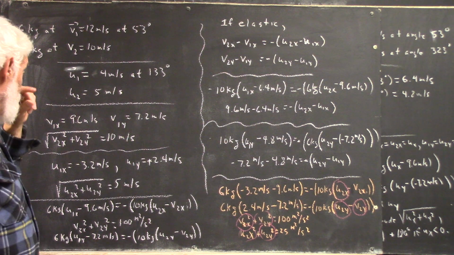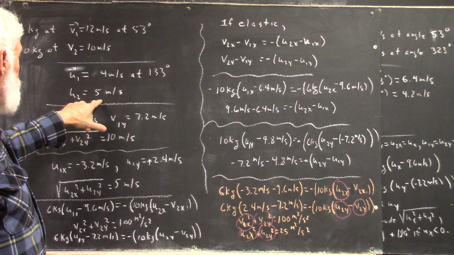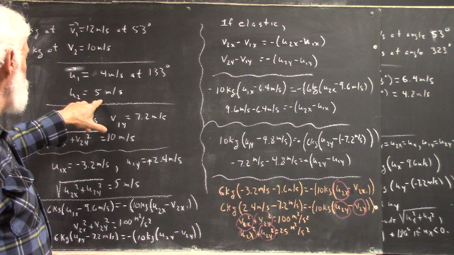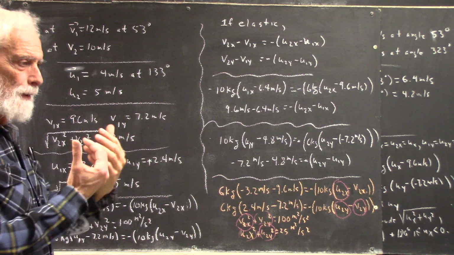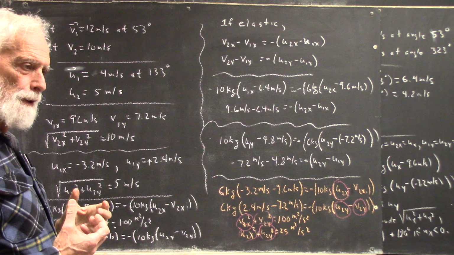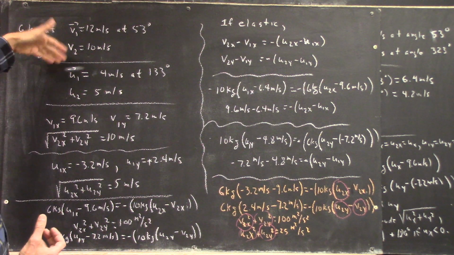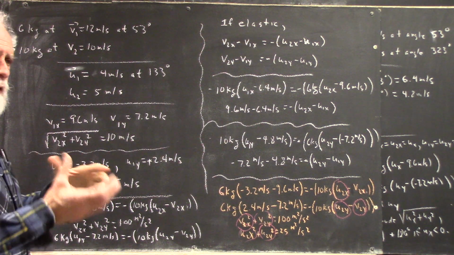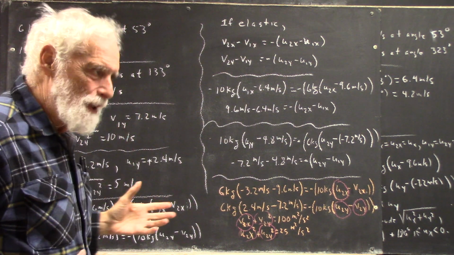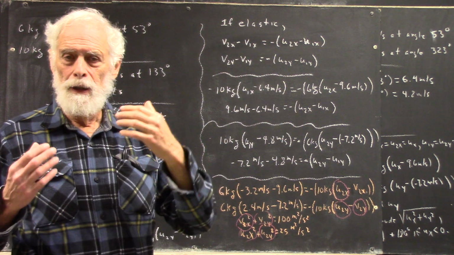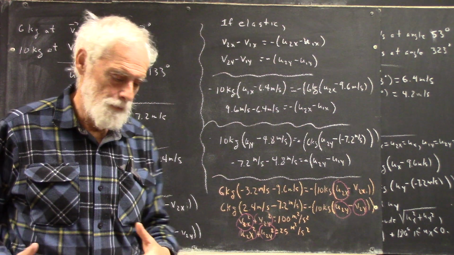We also know then that after collision, the second object is moving at 5 meters per second. That tells us something about how solid the collision might have been, and combined with what we can think about here, gives us at least some insight into what's going on. We're not likely to solve this problem by intuition, by insight though.